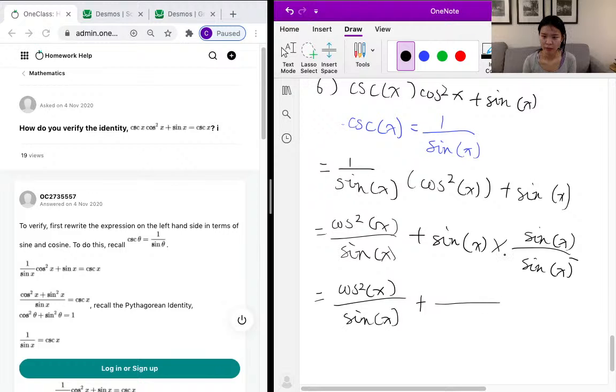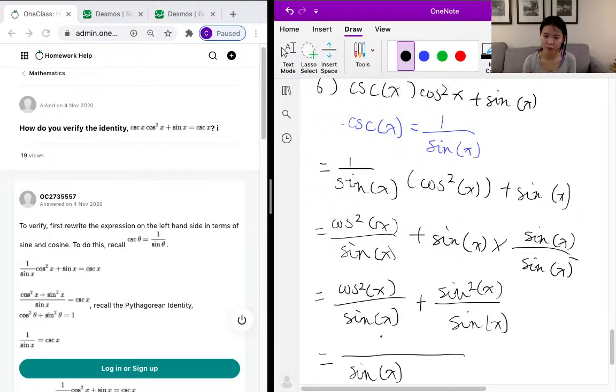So we have sin x times sin x over sin x. That would be multiplying the sin x by the numerator of the fraction, and we have sin squared x over sin x over here. Now, the two fractions in our expression have the same denominator, so we can just add the numerators together.